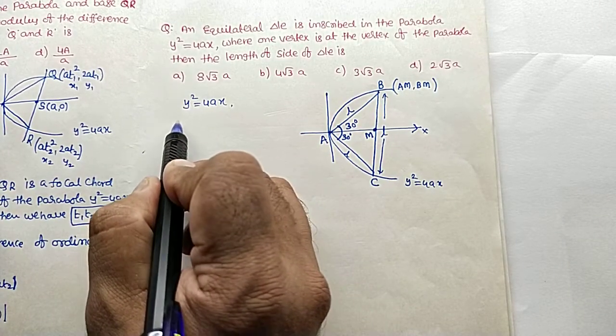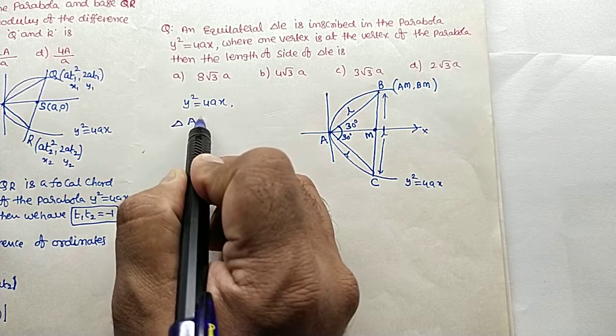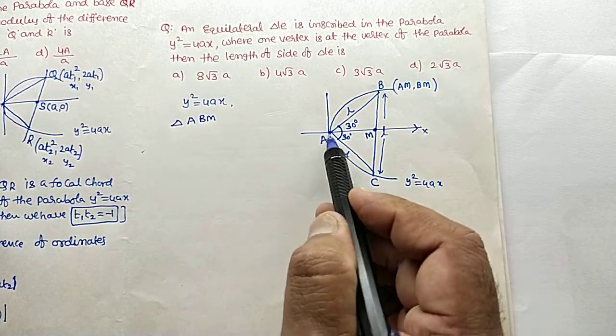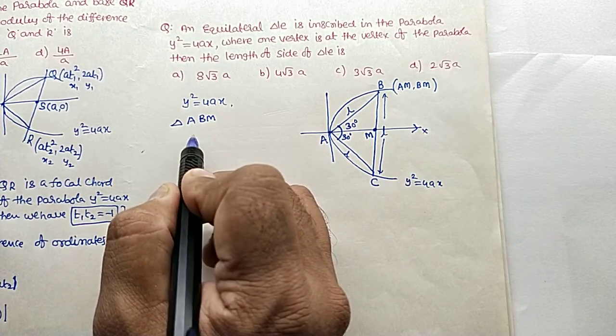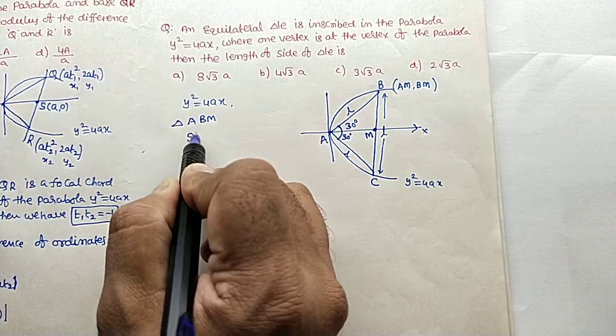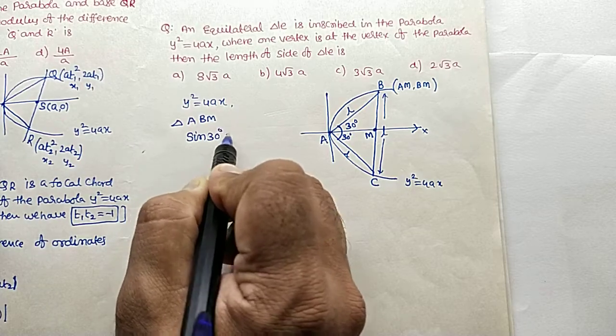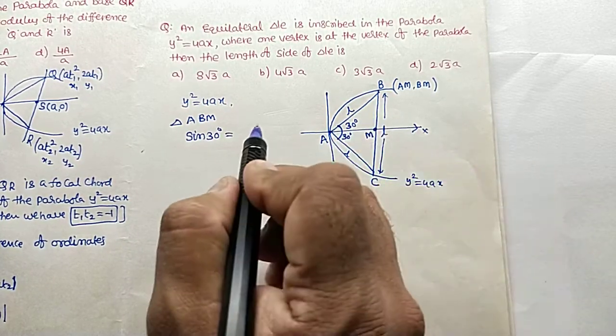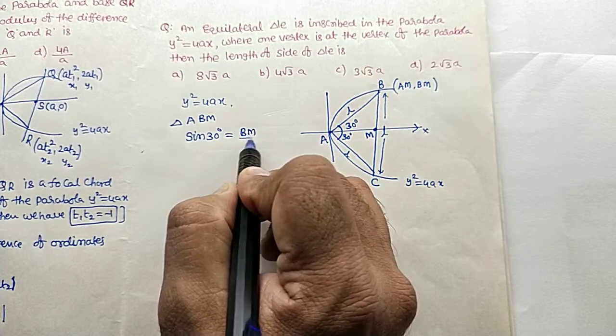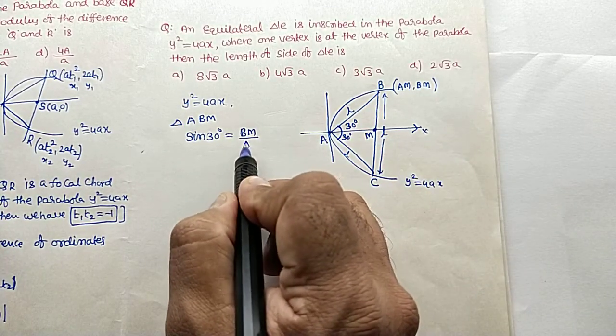From triangle ABM, first you have to calculate sine 30. Sine 30 equals opposite by hypotenuse, so BM divided by AB. What is AB?